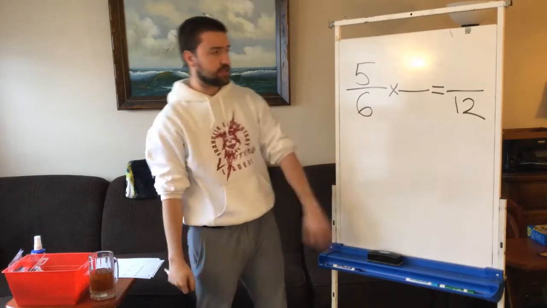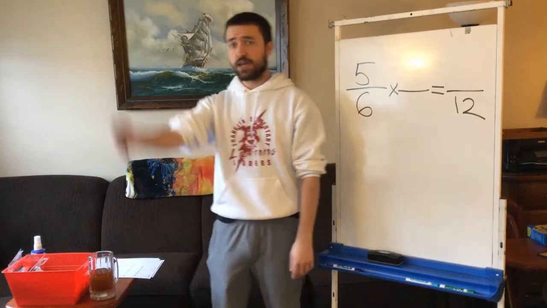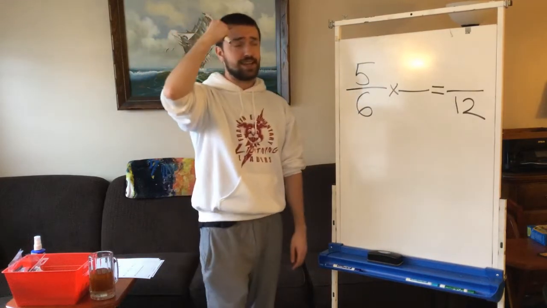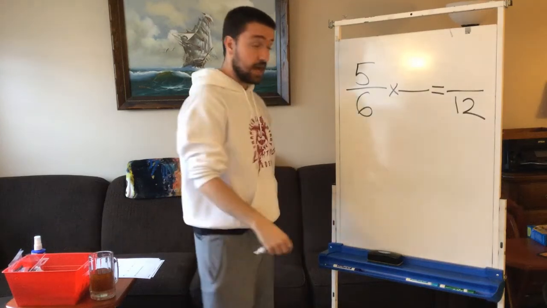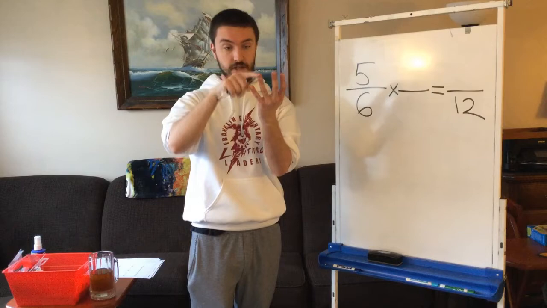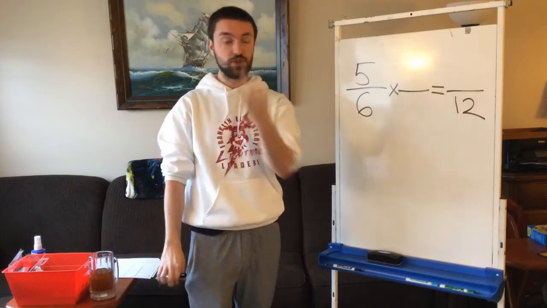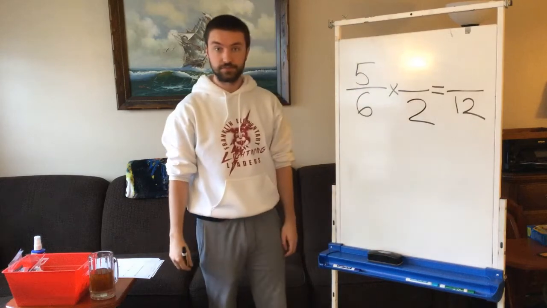I have a 6, I'm ending at 12, and I'm multiplying by something. So in my brain, I'm going, okay, 6 times something equals 12. I'm going to skip count by 6s until I get to 12. 6, 12. Oh, 2. 6 times 2 is 12.